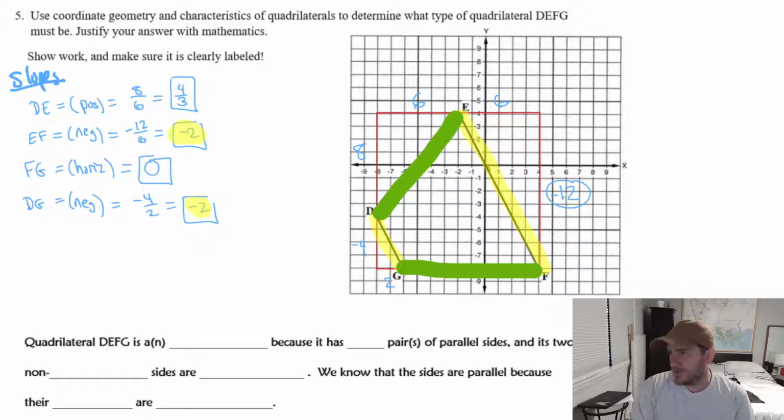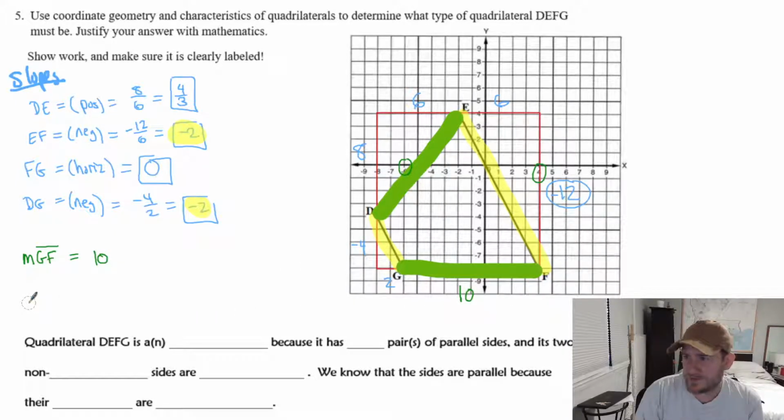So the good news is you can find GF really easily because you just count the squares. Now G is at -6 and F is at 4. So that definitely is just a length of 10. So the measure of GF is 10. And I don't have to show work for that because I'm just counting squares.